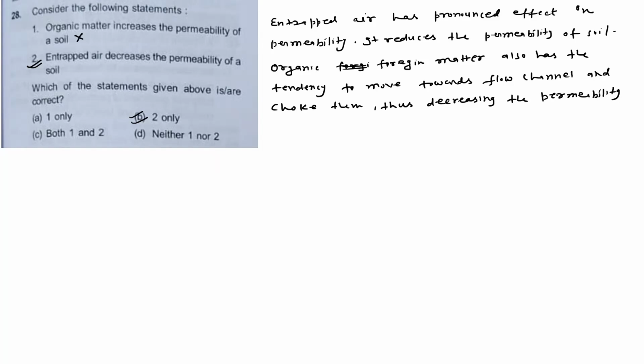So organic matter decreases the permeability of soil, not increases.